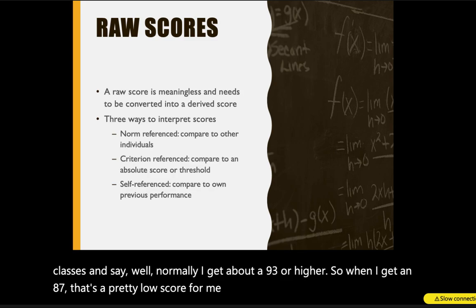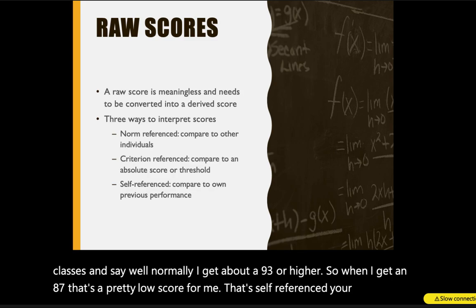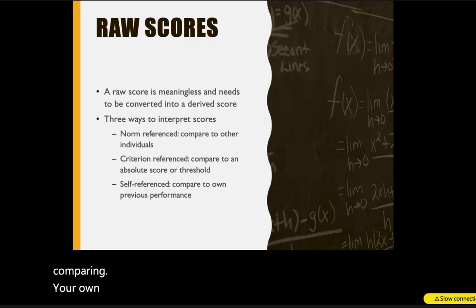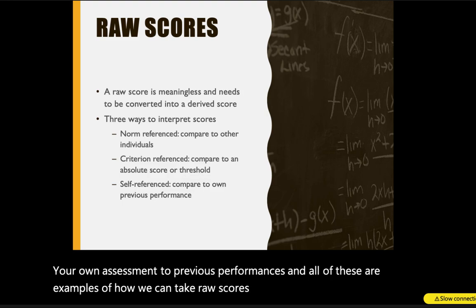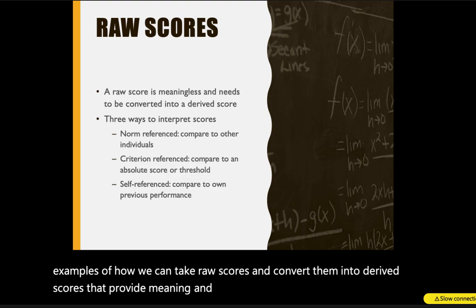That's self-referenced. You're comparing your own assessment to previous performances. And all of these are examples of how we can take raw scores and convert them into derived scores that provide meaning and context for us to understand what those scores mean.